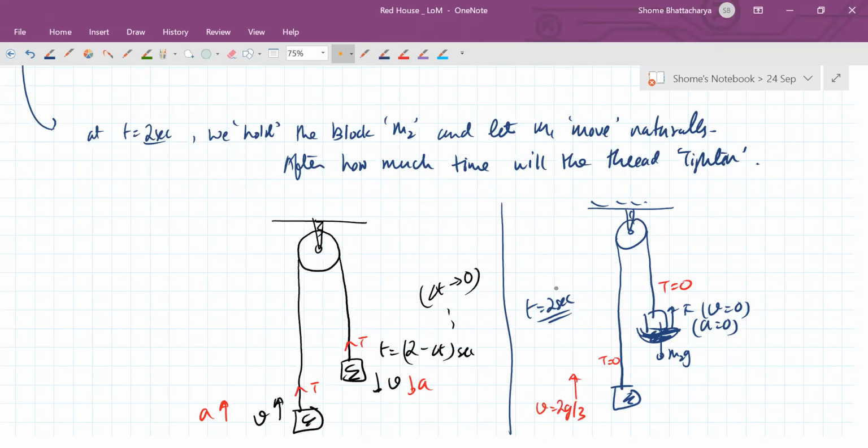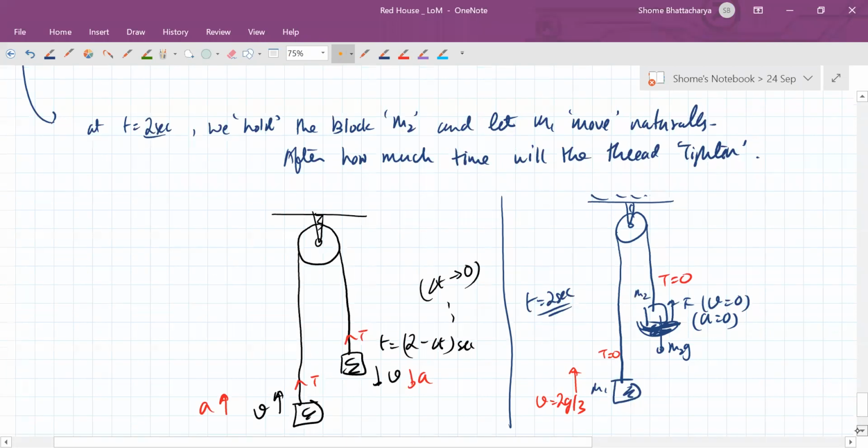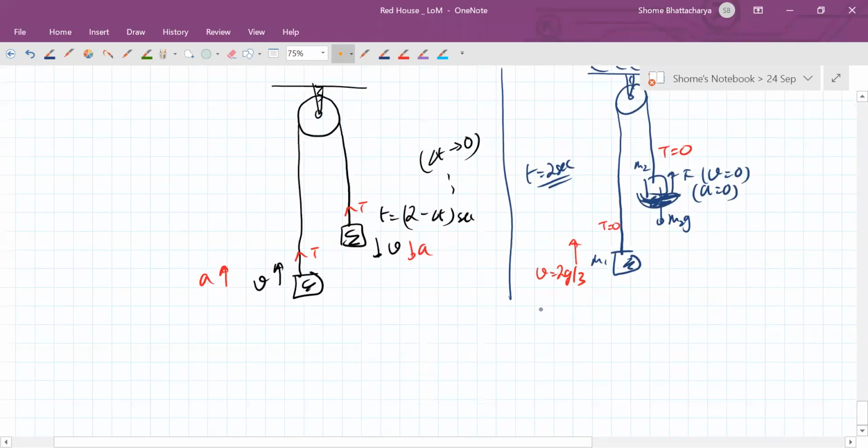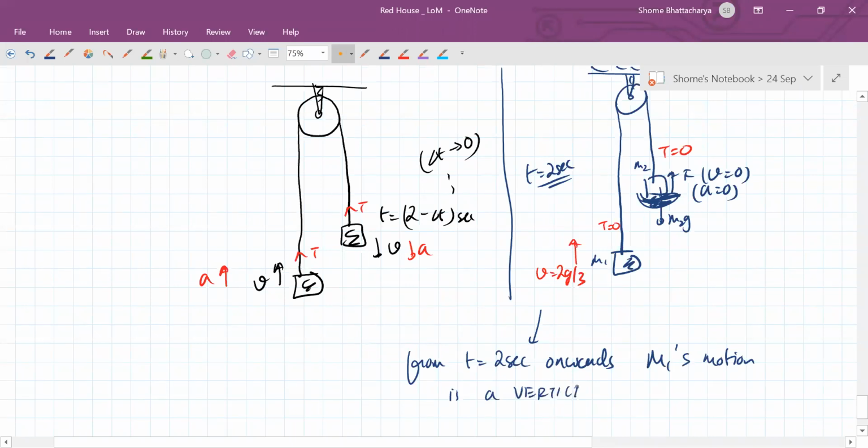So when you look at the free body diagram of the block M1, there's now only one force acting on it, and that is equal to what? That is the weight of the body. So from t equal to 2 seconds onwards, M1's motion is a vertical projection under gravity.